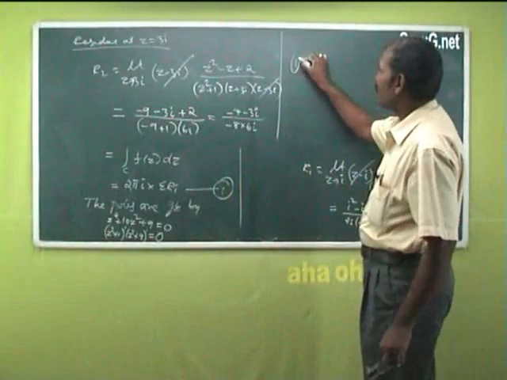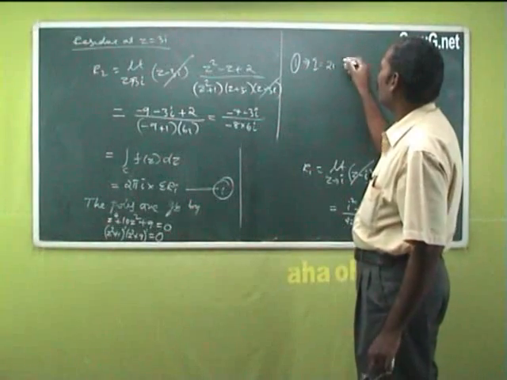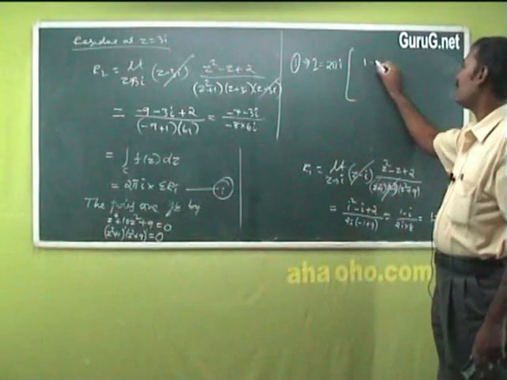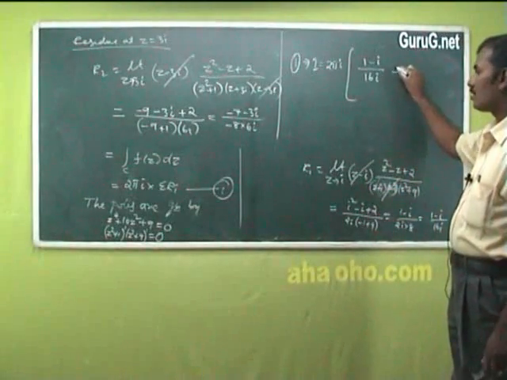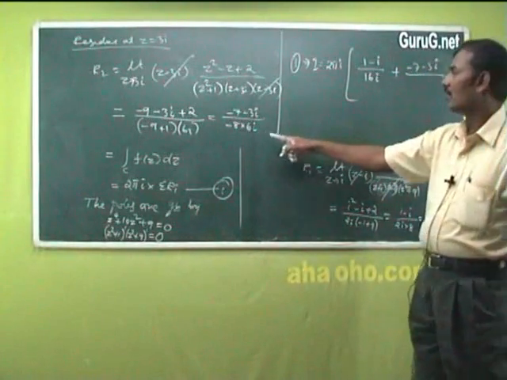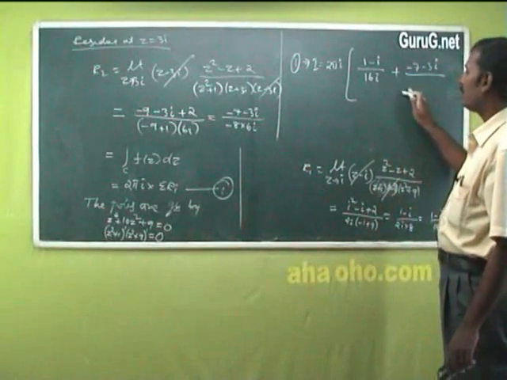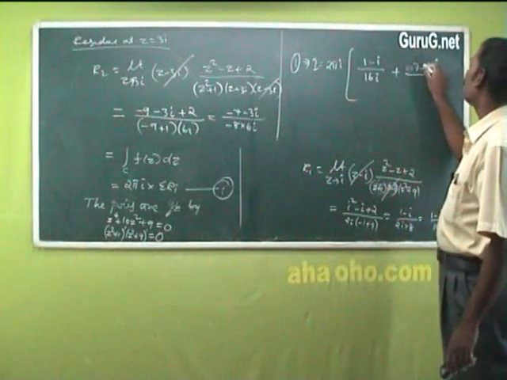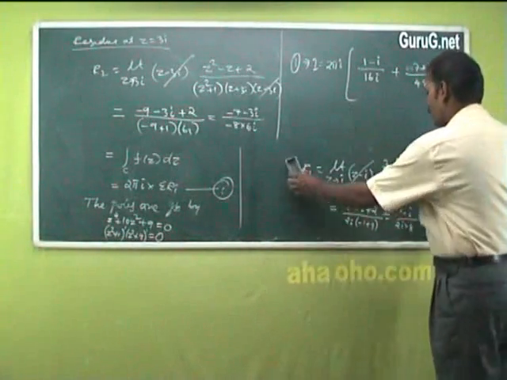So equation 1 becomes I equals 2 pi I into the sum of the residues: 1 minus I by 16i, plus minus 7 minus 3i by minus 48i. So minus minus becomes plus, so put plus for everything. The LCM will be 48i.